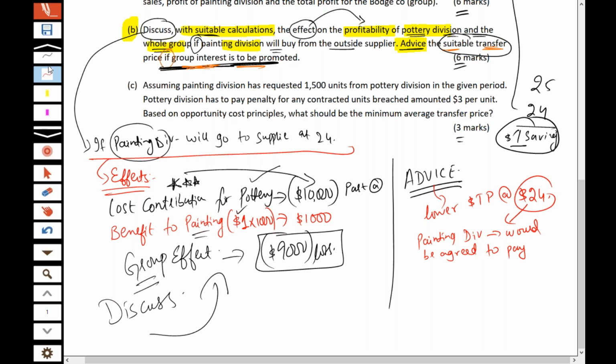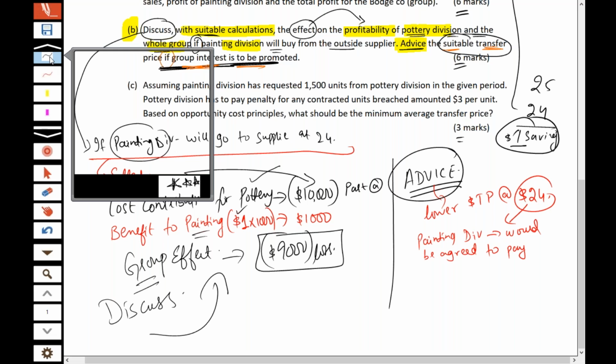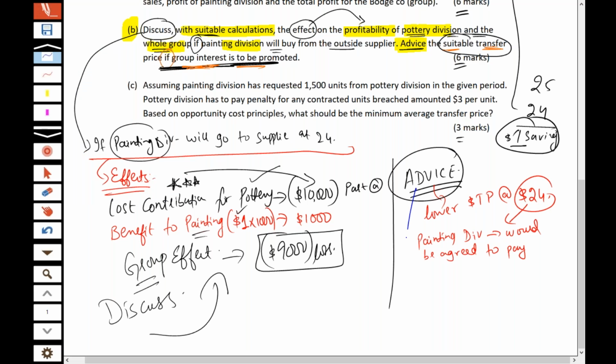Remember my golden words: whenever you are asked to give advice, always write the benefit. The benefit is that the painting division will come back and this 9,000 group loss will be compensated.